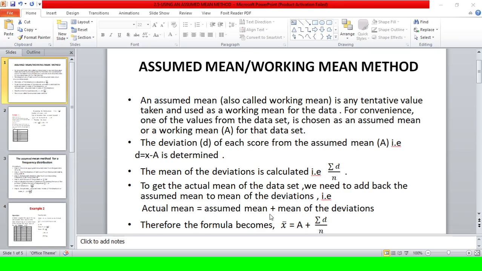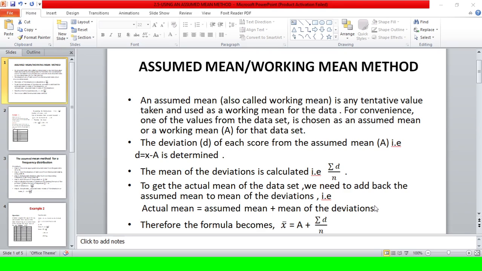That is, actual mean is equal to assumed mean plus mean of the deviations. So we need to have the two values, the assumed mean and the mean of the deviations, to be added so that we get the actual mean for the data set.